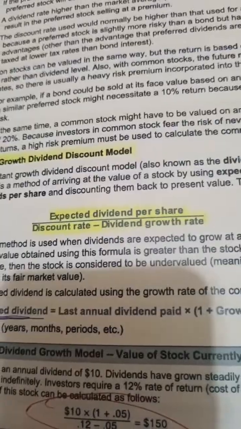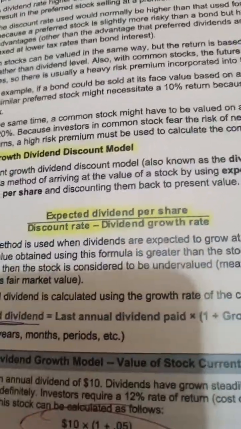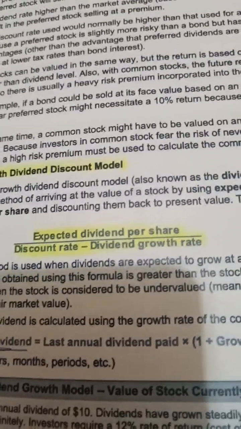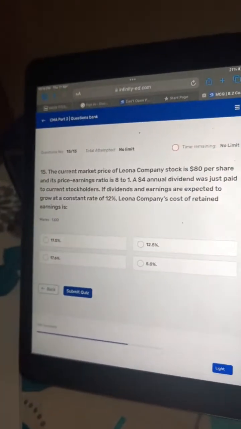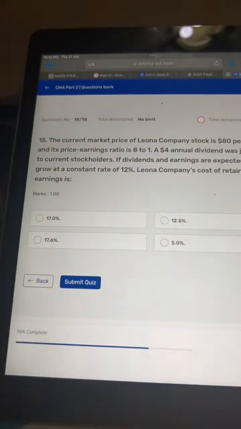Expected dividend per share divided by discount rate minus dividend growth rate. In this case, if I show this formula, this question is exactly matching this concept, right? You can see, this is exactly the question.